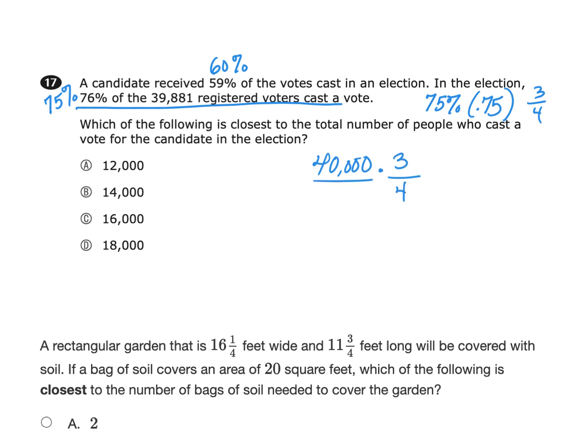So to multiply 40,000 times 3/4, when we're multiplying with zeros, multiply the two non-zero numbers, so 4 times 3 is 12, and then I have 4 zeros, so I'm just going to add the 4 zeros onto my answer.